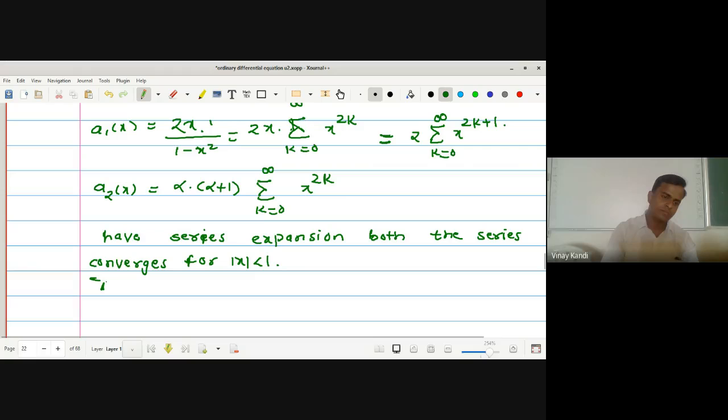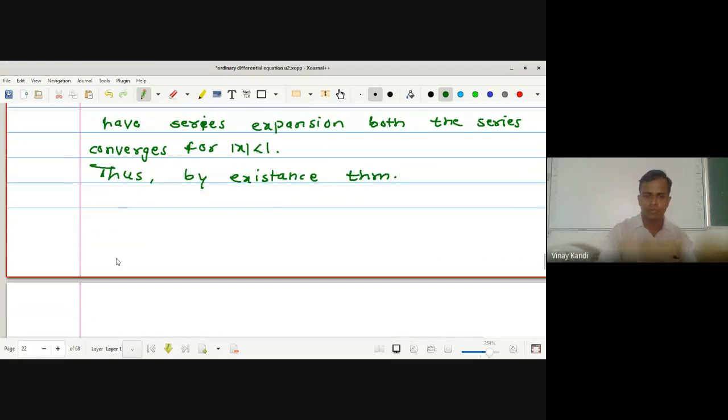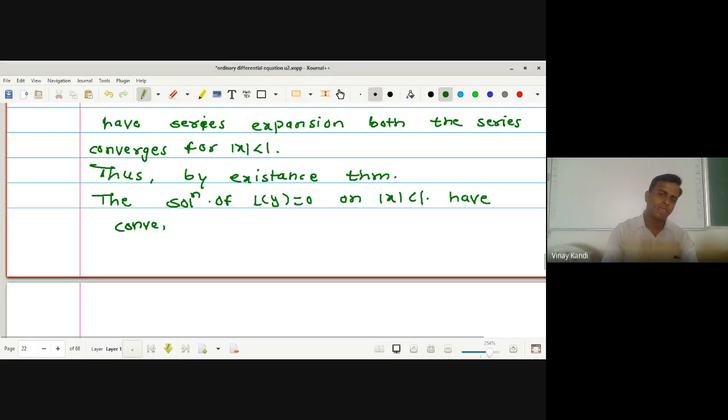Thus, by the existence theorem, that is the previous theorem, the solution of L of y equal to 0 on mod x less than 1 has a convergent power series expansion.